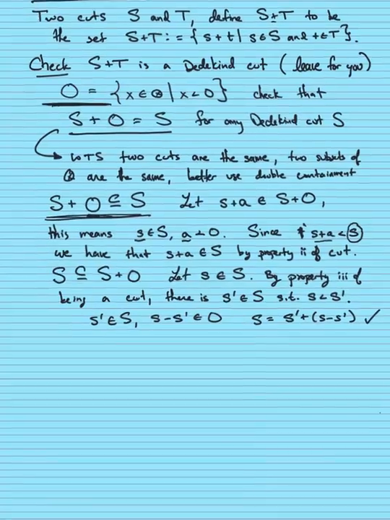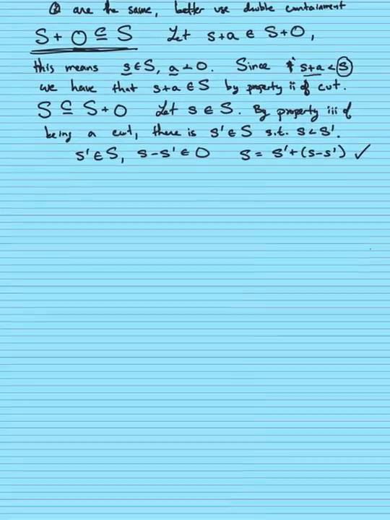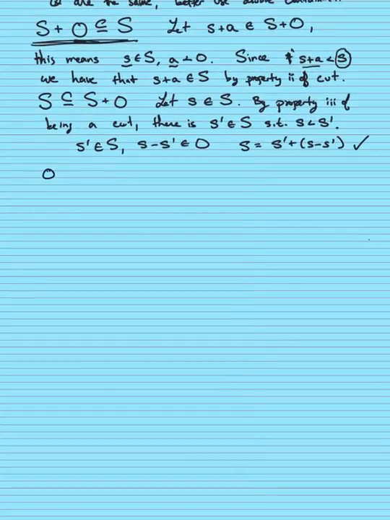Okay, so let me actually go to the ordering, because it's easier in this case to define the ordering rather than multiplication. The ordering on the set of Dedekind cuts is just proper containment.